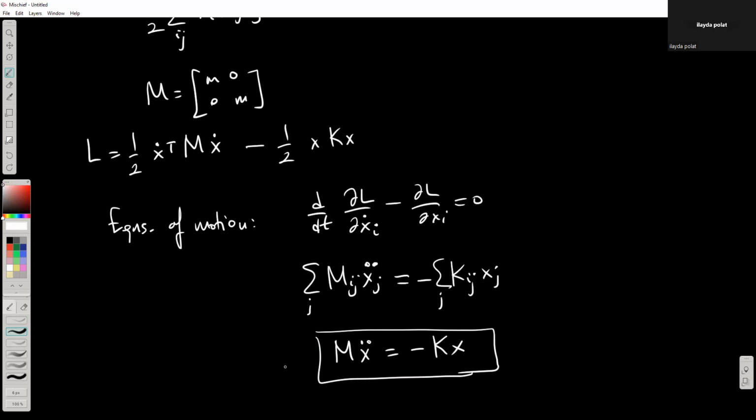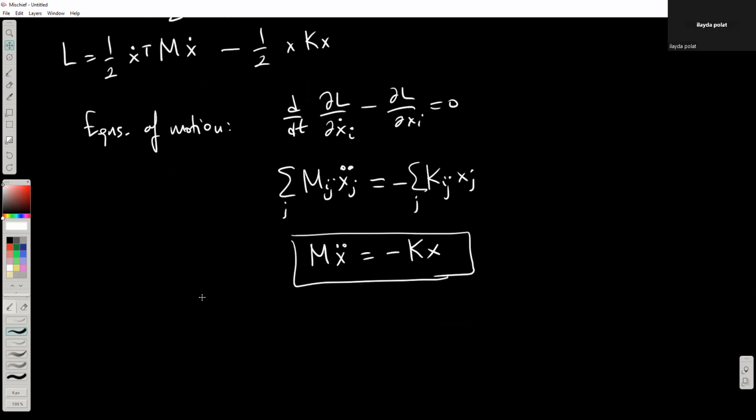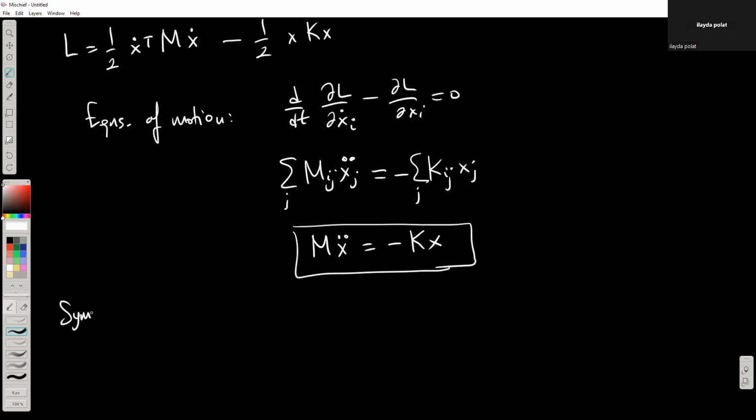Okay. So the symmetry, what's the symmetry in here? Well, if we have a Lagrangian, it actually says that the Lagrangian L is invariant under all of the symmetry operations.